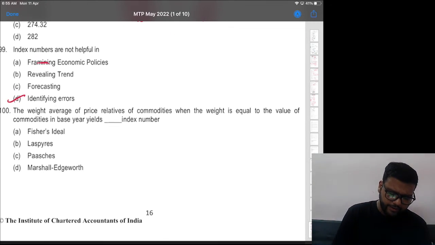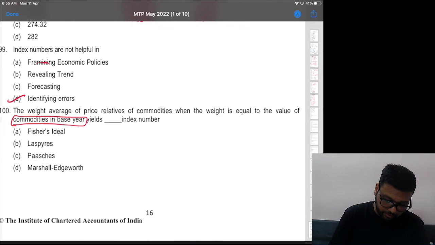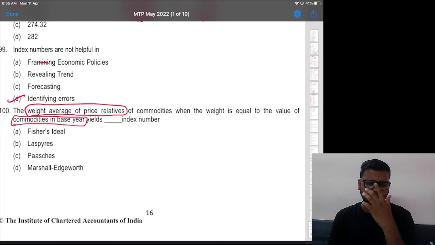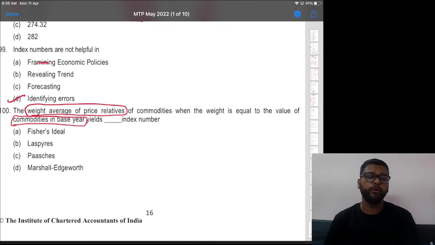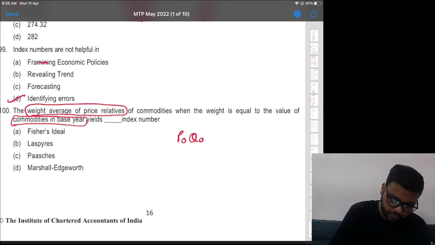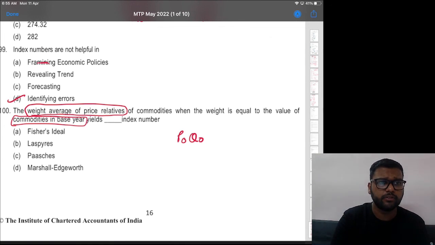Last, weighted average of price relatives of commodities when the weight is equal to the value of commodities in the base year yields what index number? Now, for the weighted average of price relatives, there is only one method given in the module. If we take the value of commodities in the base year, that is P0 Q0, let's see what happens.